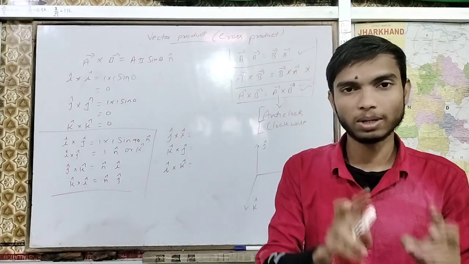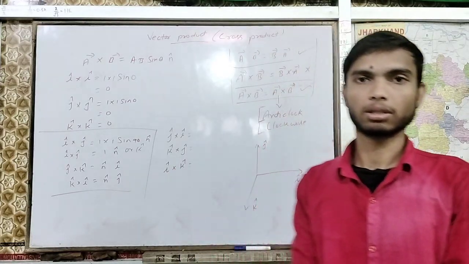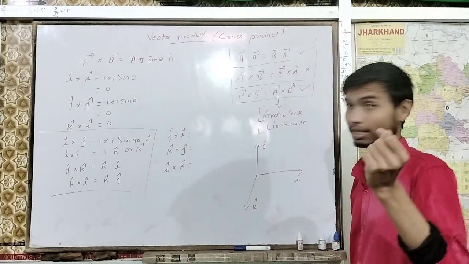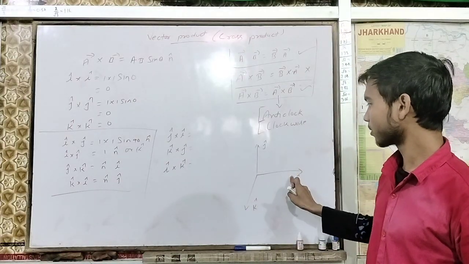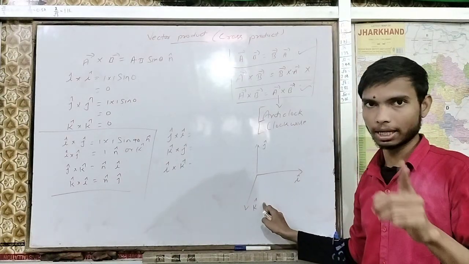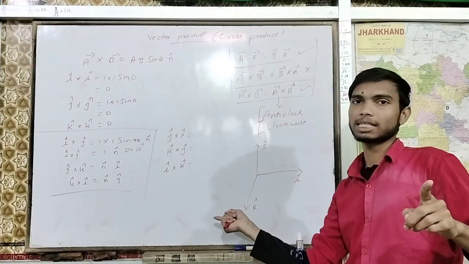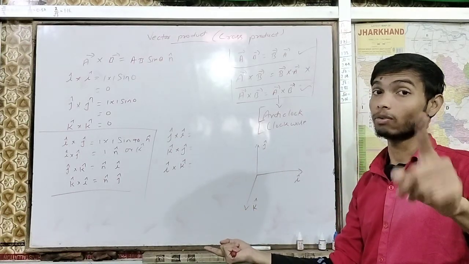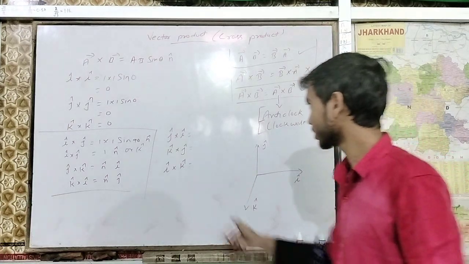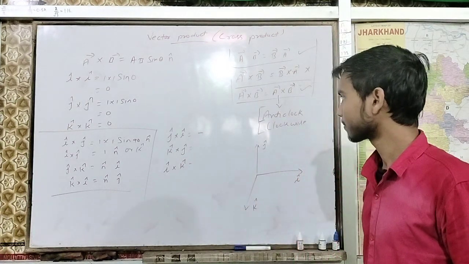Yes, this will come, but the direction would be different. Let's say j cap, and then I cap. Then of course next is coming k cap. It is rotating in this direction, which is clockwise. In that case, this clockwise will be considered as a negative. So this is a negative.